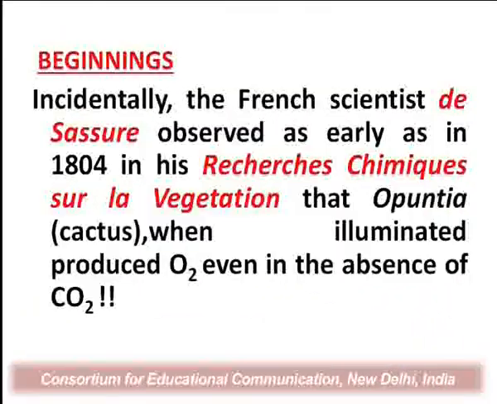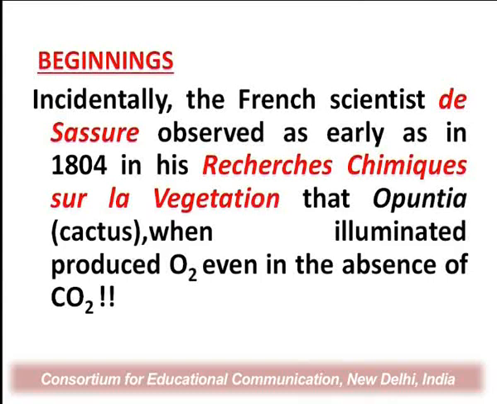If we look at the beginnings of how this whole process was recognized for the first time, it was the French scientist Theodore de Saussure who observed as early as 1804, and he published a book where he mentioned that the opuntias or cacti, when they were exposed to light, could produce oxygen even in the absence of carbon dioxide.